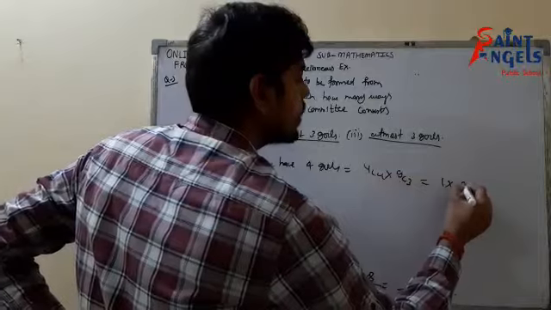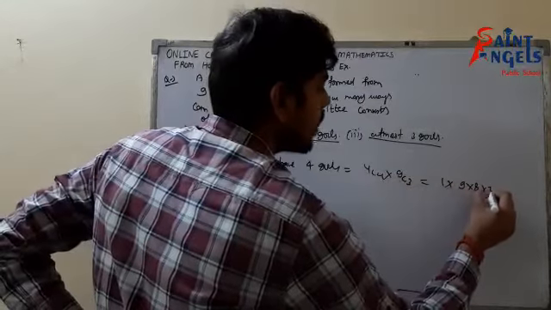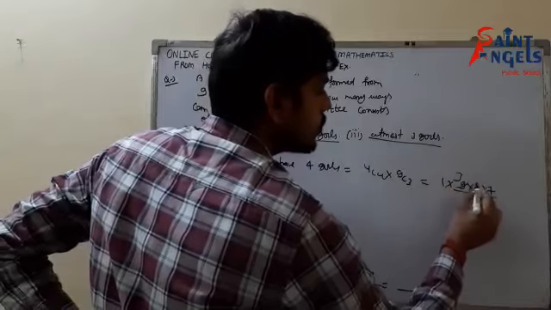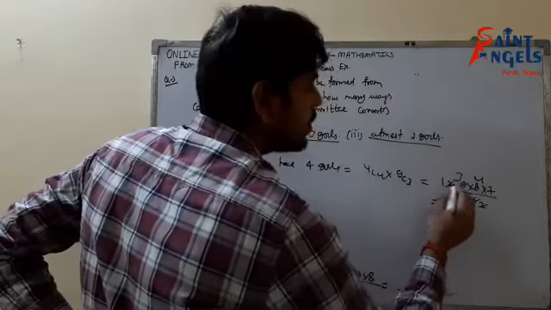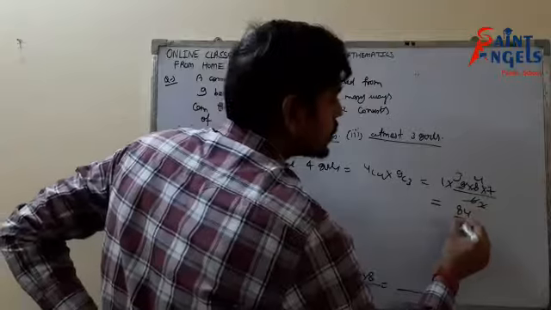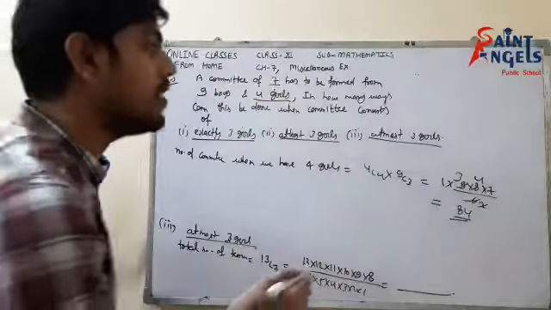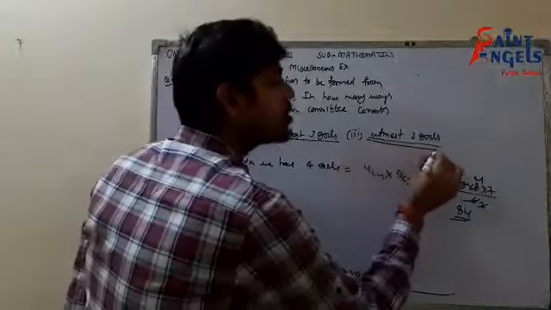And 9C3 is 9 into 8 into 7 upon 6. So 3 3s are 9, 3 2s are 6, 2 4s are 8, so that would be 84. So there are 84 such teams where we have 4 girls. But what we need is at most 3 girls.